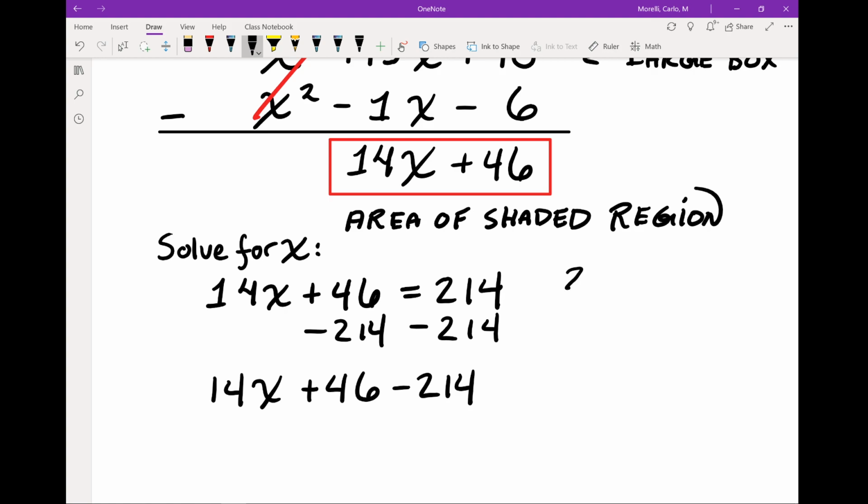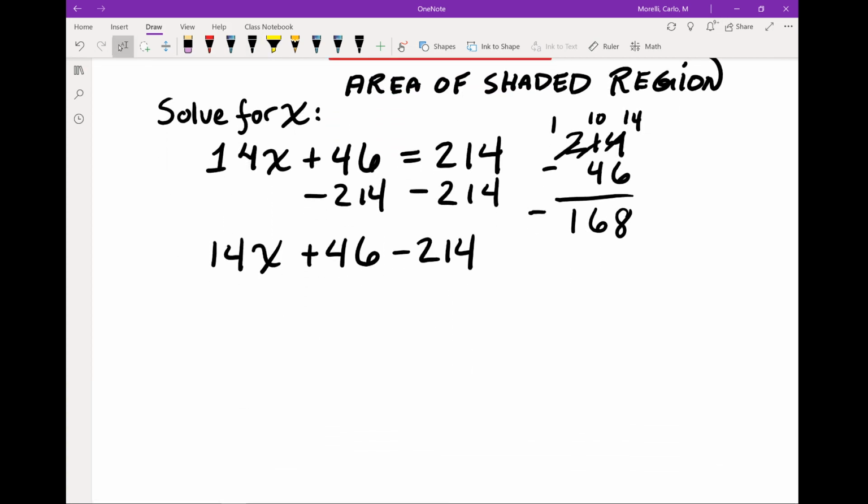So all we have to do now is take 214 and subtract 46 from it, and the result will be negative. 14 minus 6 is 8, 10 minus 4 is 6, and 1. So now I have negative 168. So I have 14x minus 168.